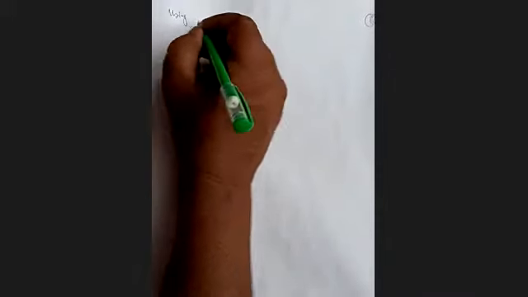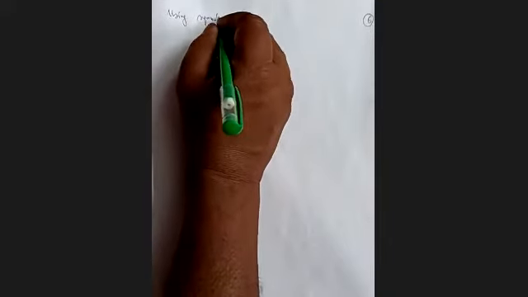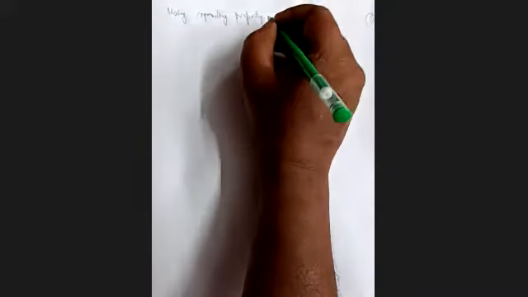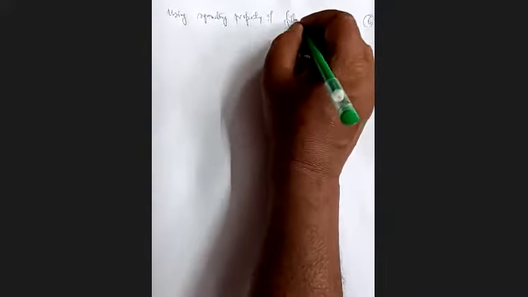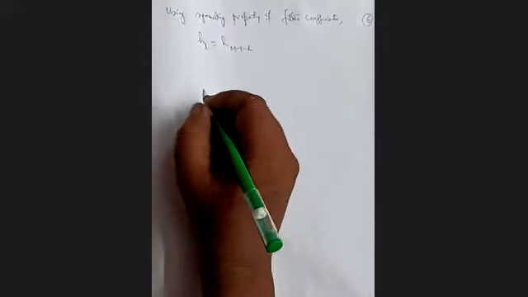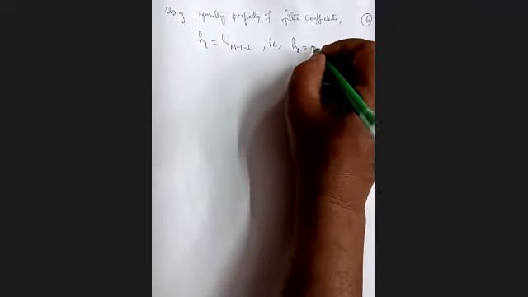Using symmetry property of filter coefficients, we get HL equal to H M minus 1 minus L. That is HL equal to H 6 minus L, put M equal to 7.